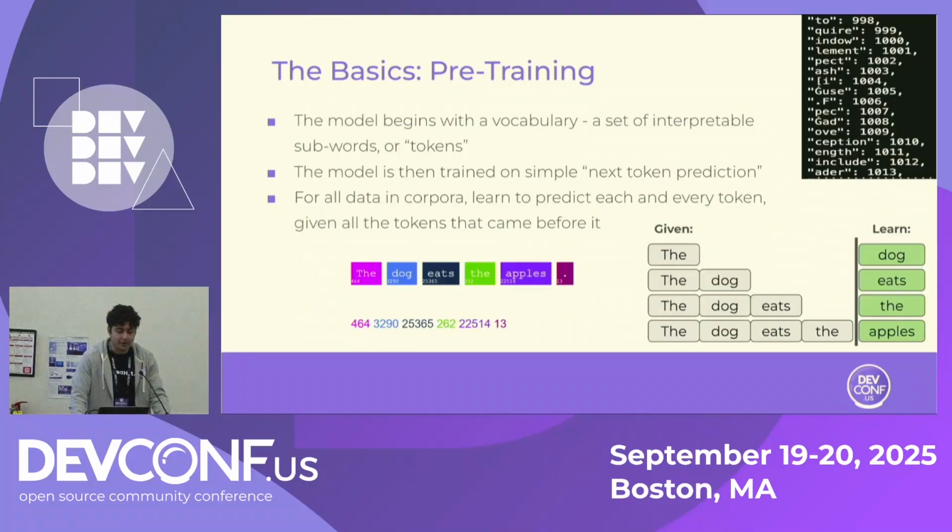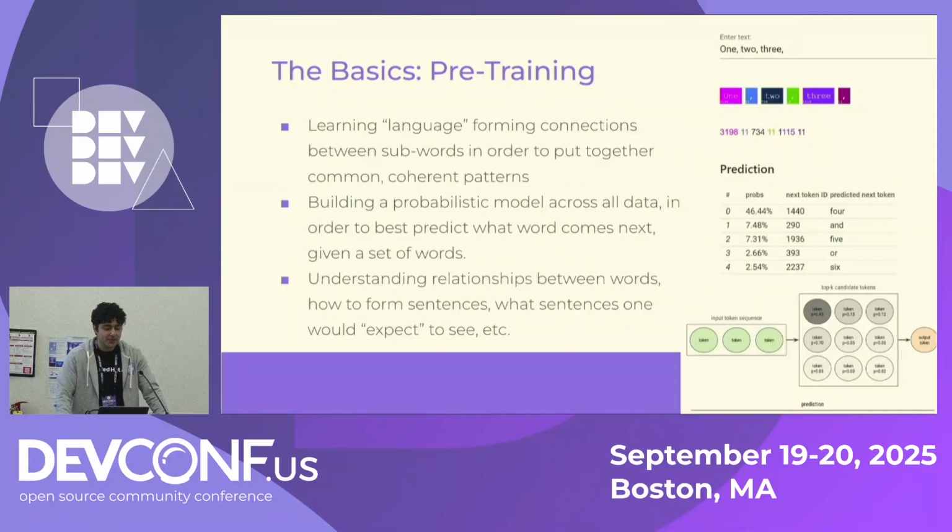And what's the goal there? The idea is that we're trying to build a probabilistic model across all of our data. The goal is to predict what word comes next given a set of words. So for example here, we have the tokens 1, 2, 3.